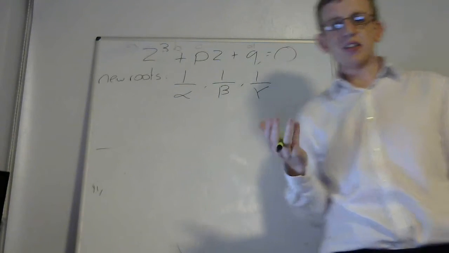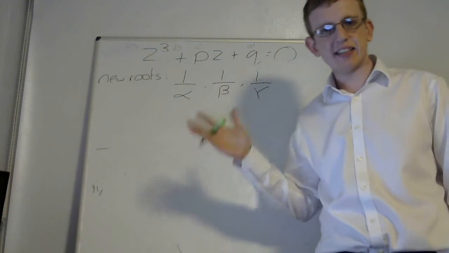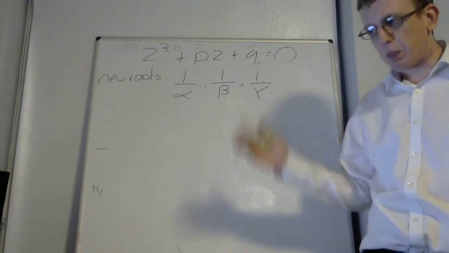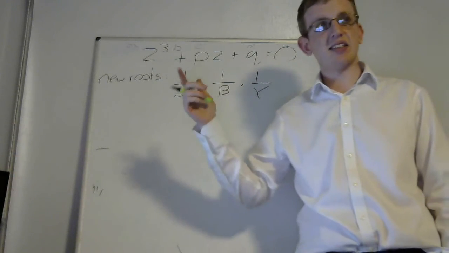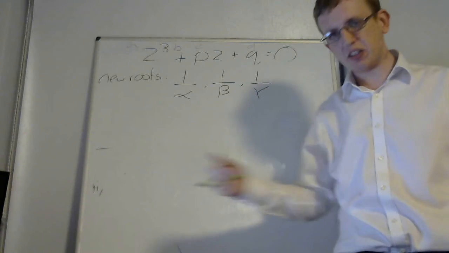Now, from the last part of the question, remember we know what alpha plus beta plus gamma is. That's 0. We know what alpha beta plus alpha gamma plus beta gamma is, and we know what alpha times beta times gamma is. So we're going to use those.